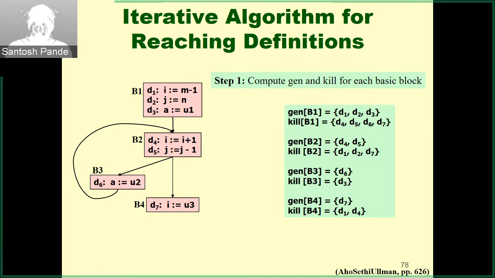That is true. Okay. The question is, if we follow the same way of generating the kill set, remember how we did it? In this particular case, for the generation of the kill set for B2, we took all the definitions of I, and then we took out from there everything that was in gen, and all of those were put in the kill set. That's how we generated the kill set.